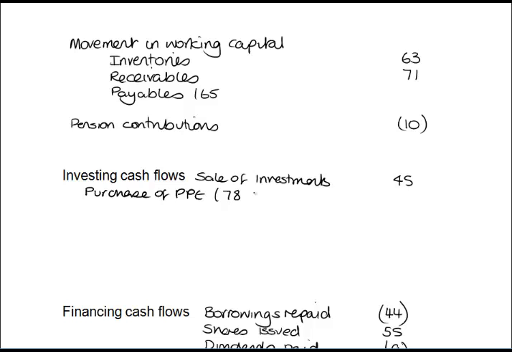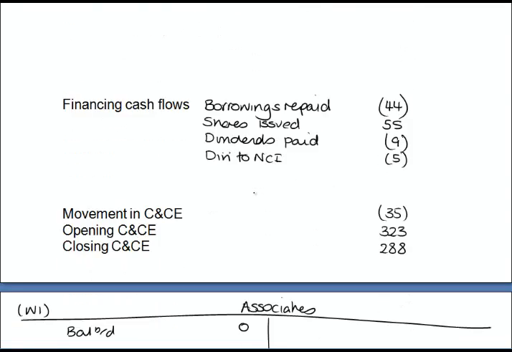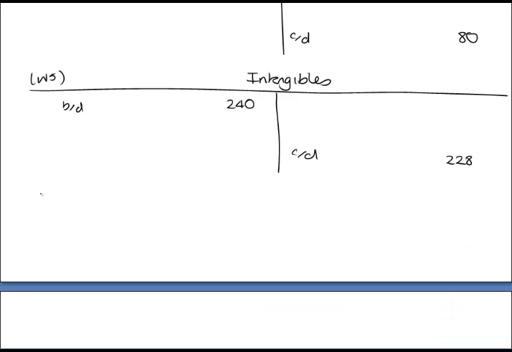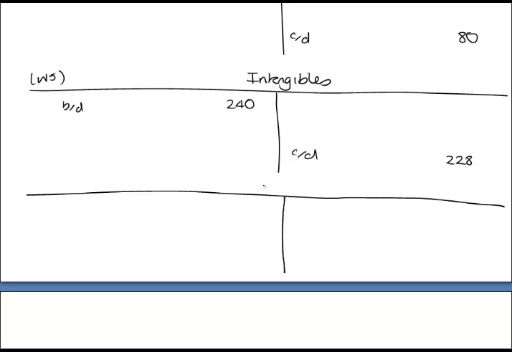We've got a disposal. Now, what I'm going to do here is open up a disposals T account, because I'm not quite sure what's happening. And the value of the disposals is 56.